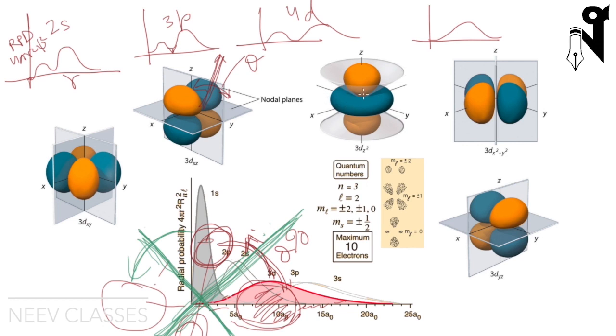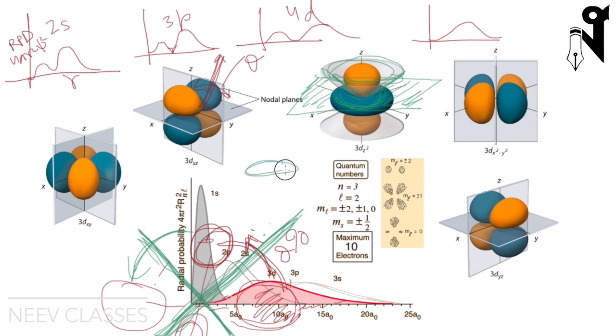It's a cone shape. Sometimes some books say that it will not have a nodal plane. Yes, in this plane, this is not a nodal plane, because this ring is appearing in that plane, so it's not a node. But when you take a cone like this, there's no chance that the electron will be there in the cone.